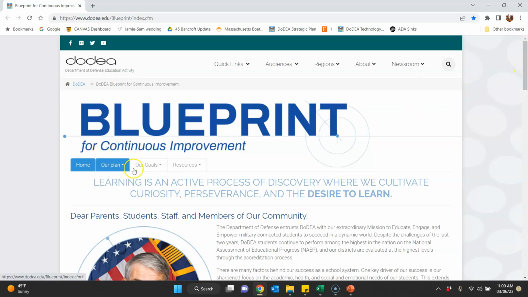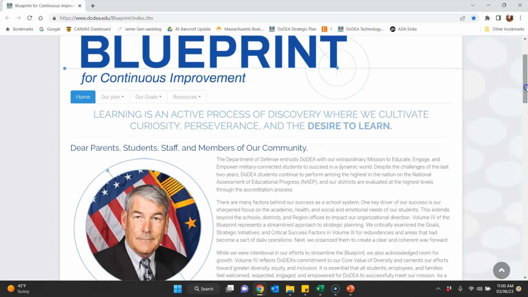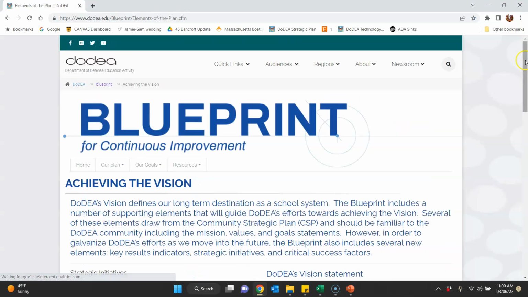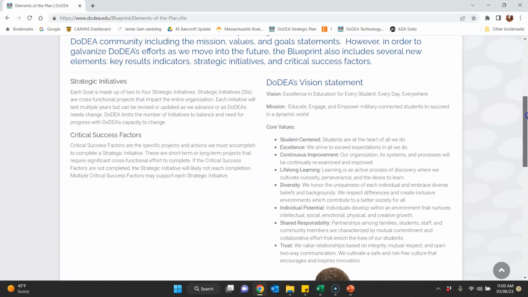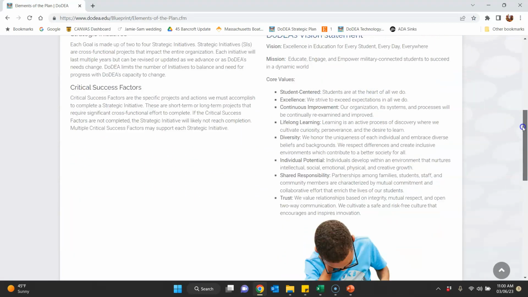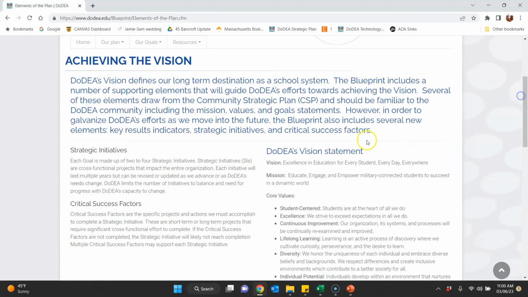So the menu bar here is how you navigate through this plan. And if you click on this Our Plan tab, you can see that this would be the rationale, the introductory parts. Elements of the plan are the vision. We always have a vision, the mission statement, core values.